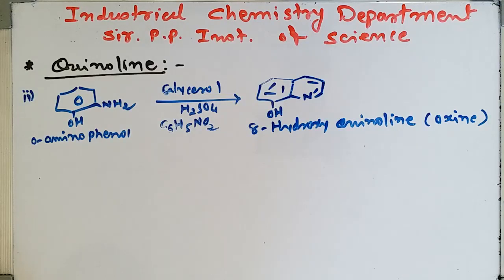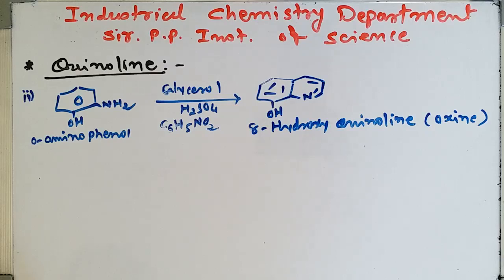Here we have some more synthesis. Meta-substituted aniline has two ortho positions free, and hence two different quinolines are formed, the 5 and 7 substituted quinolines.